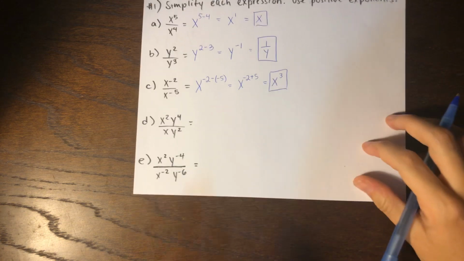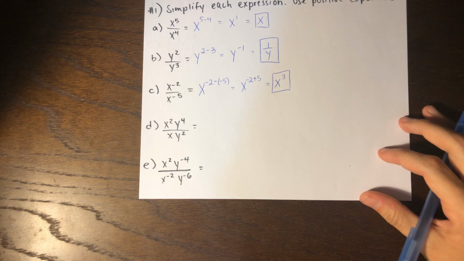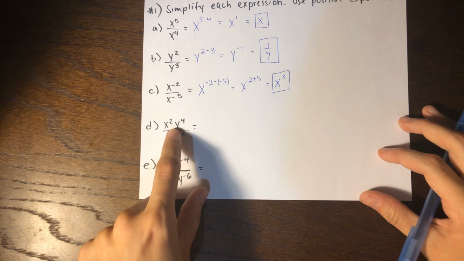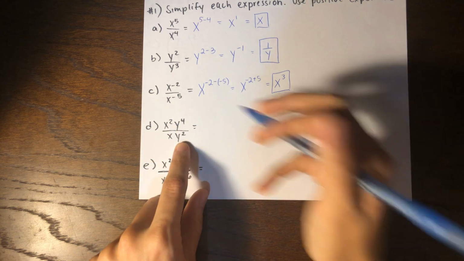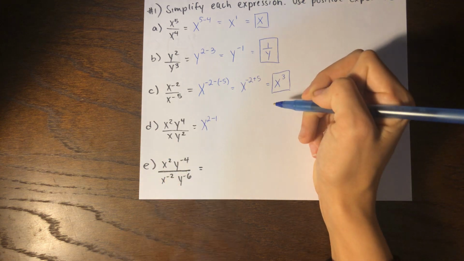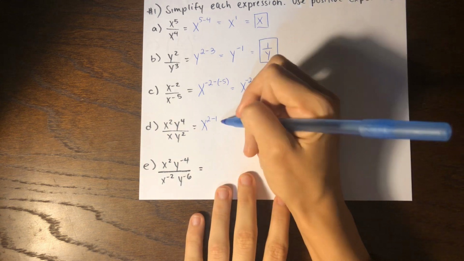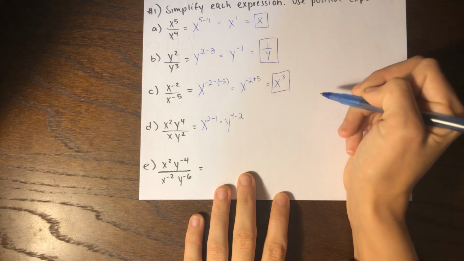Okay, these are where it just gets a little bit trickier, but not by much. So we have x squared times y to the fourth divided by x times y squared. So we're just going to deal with the x's right now. So we have x, and then we have 2 minus 1. Then we're going to be multiplying that by y, and then we have 4 minus 2.